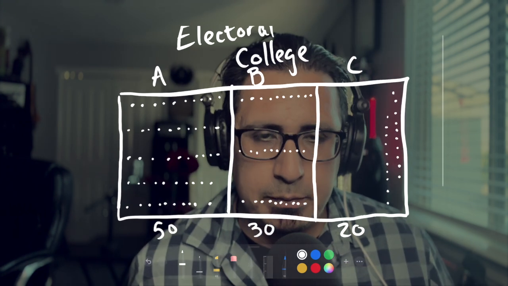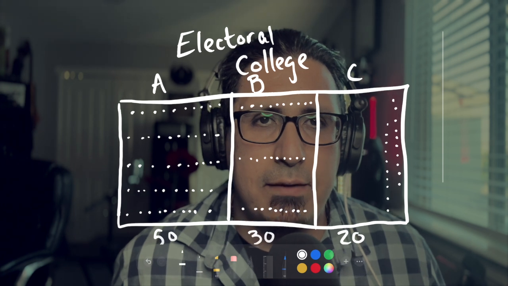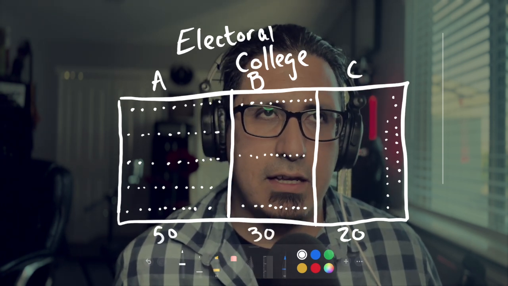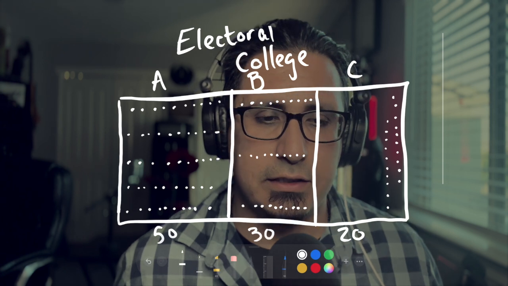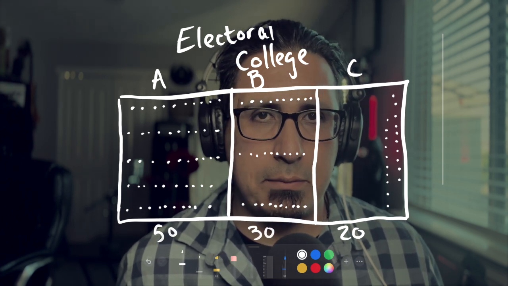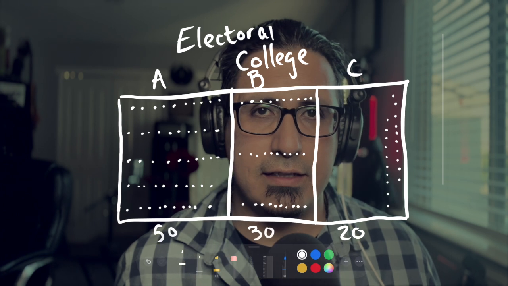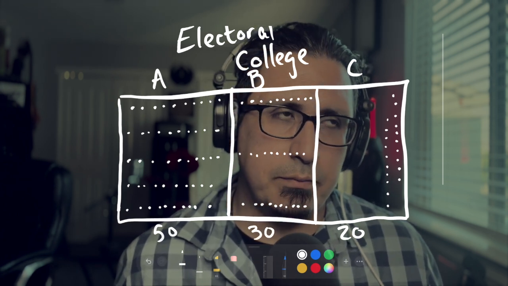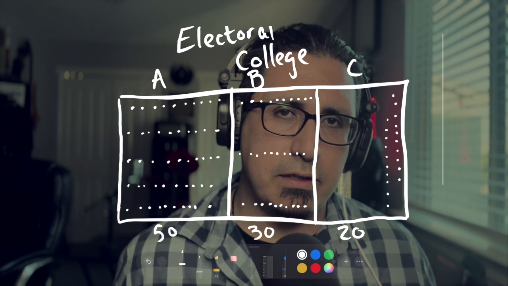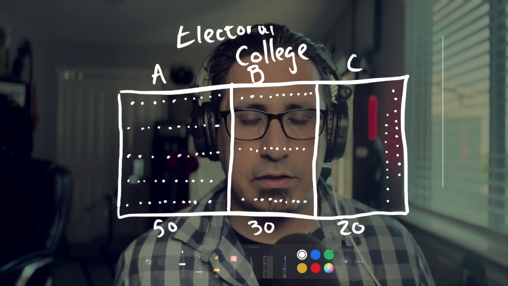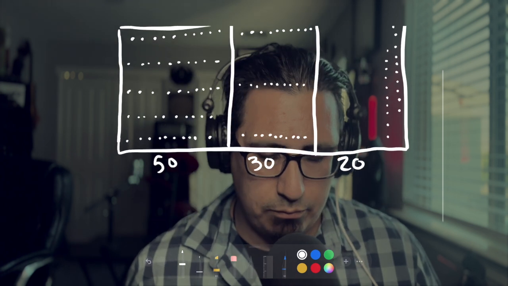Okay, so the Electoral College votes are based on the House of Representatives and the Senators. The House is supposed to be population-based representation, and then the Senate is just state representation to balance it out. So that's why there are different numbers of representatives and then equal numbers of senators, only 2 per state.